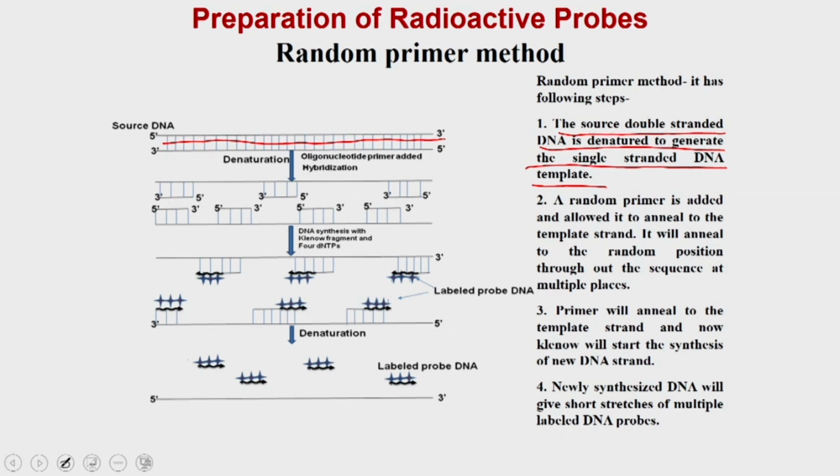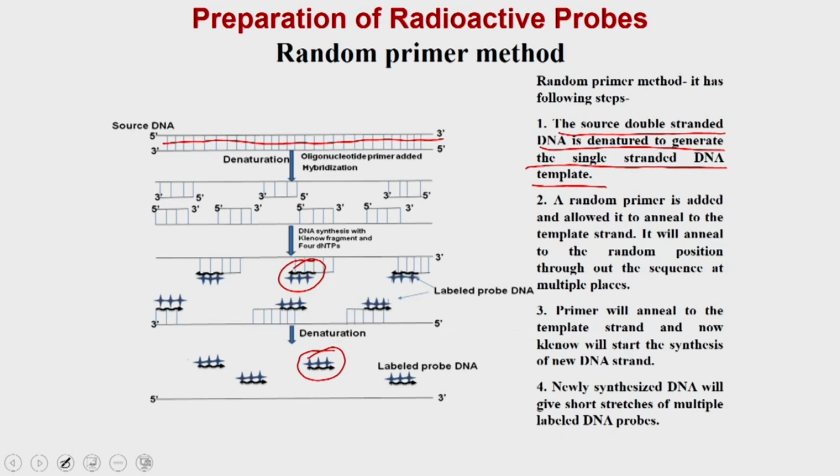Then you add the Klenow fragment as well as the nucleotides to synthesize the DNA, and in this process the Klenow fragment incorporates radioactive nucleotides instead of the normal nucleotides, and that is how you produce the radiolabeled probe.